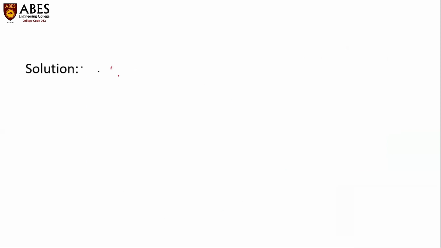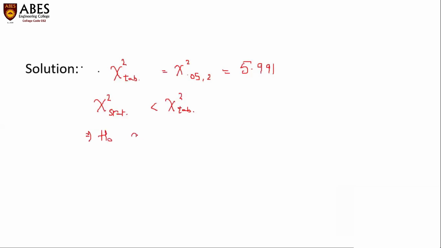However, chi-square tabulated, that is chi-square at 0.05, 2, can be seen from the table to be equal to 5.991. Since chi-square statistics is less than chi-square tabulated, we conclude that H naught is accepted.